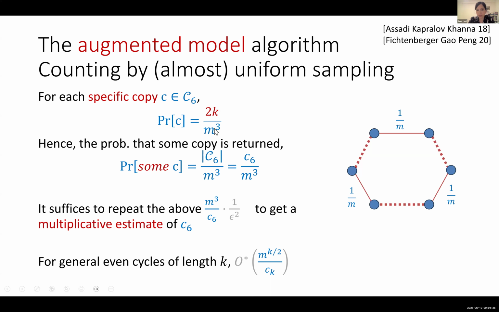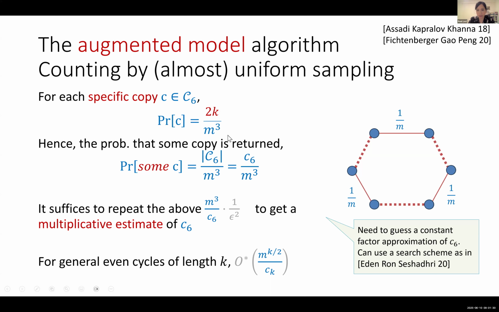However, this doesn't affect the asymptotic complexity of the problem. Also note that we need some kind of constant factor approximation guess on the number of copies. Here we can use a search scheme such as appears in Eden et al.